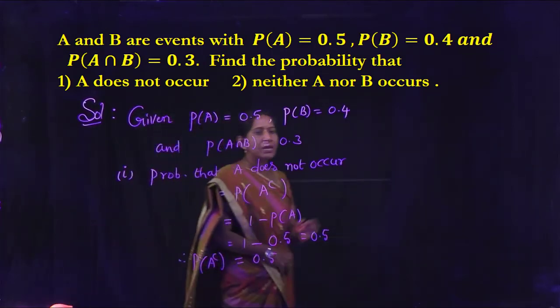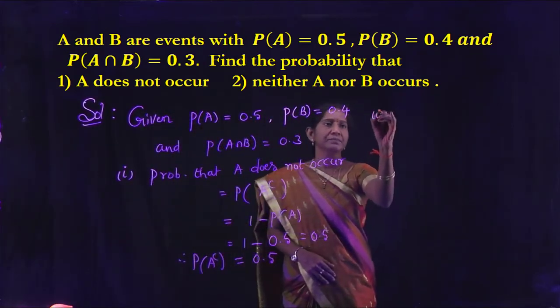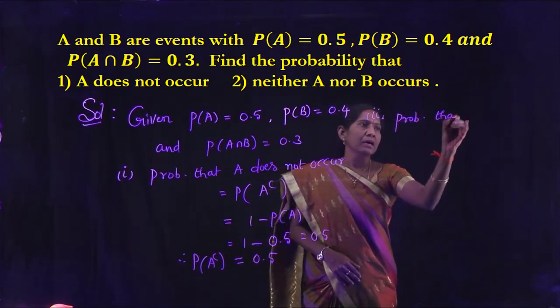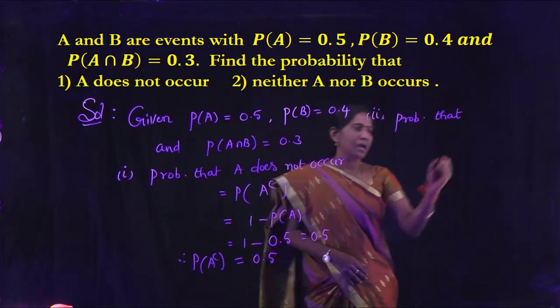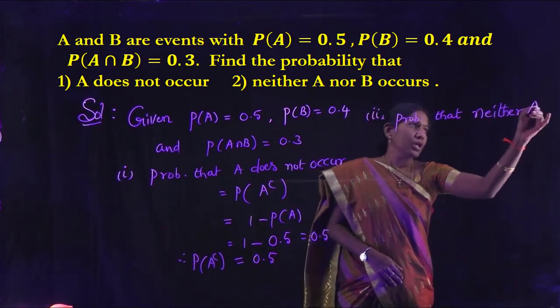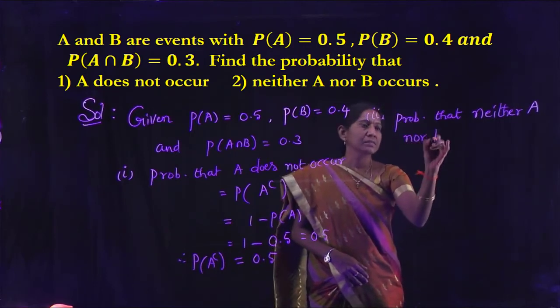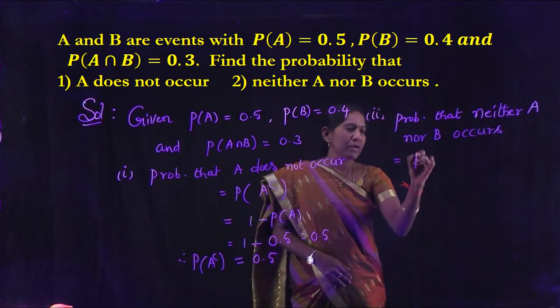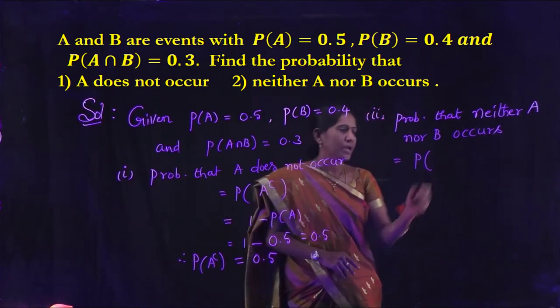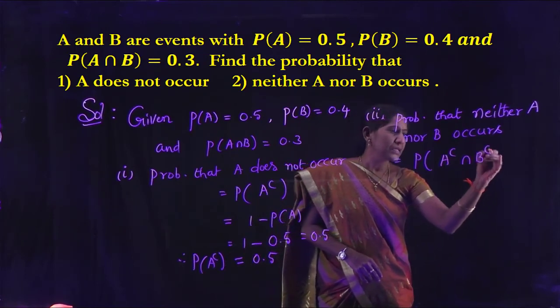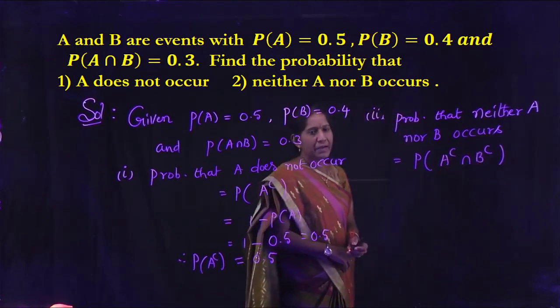And the second one we have to find is the probability that neither A nor B occurs. That is equal to, in set theoretical notation, P of A complement intersection B complement.